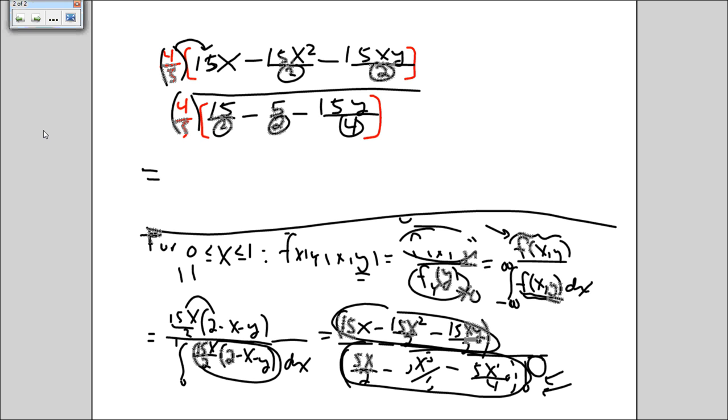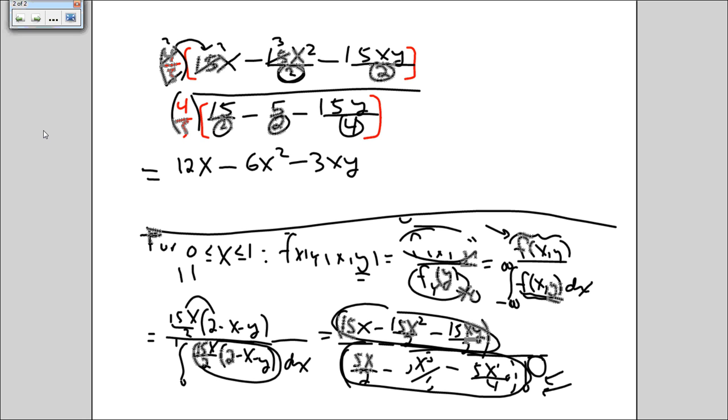4/5 times 15x. Well, 5 goes into 15 3 times. 4 times 3 times x is 12x, minus 5 goes into the 15 3 times, and 2 goes into the 4 2 times. So we get 6x squared. And the next one is just basic algebra.